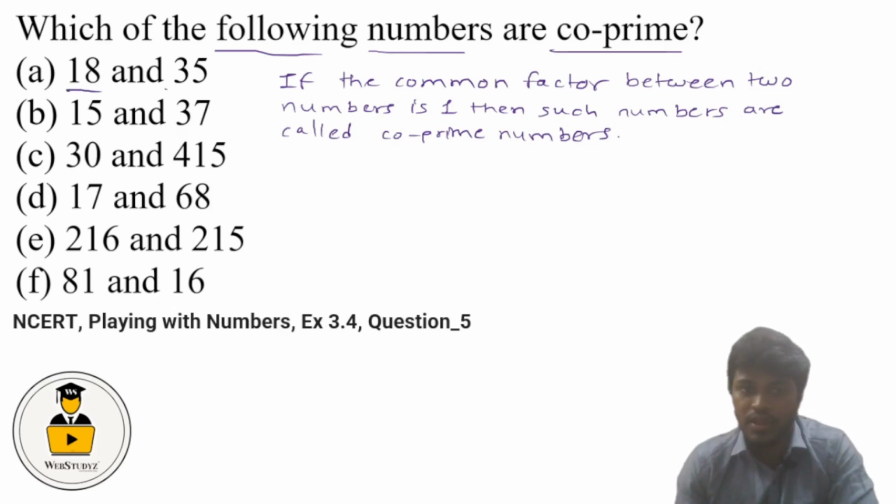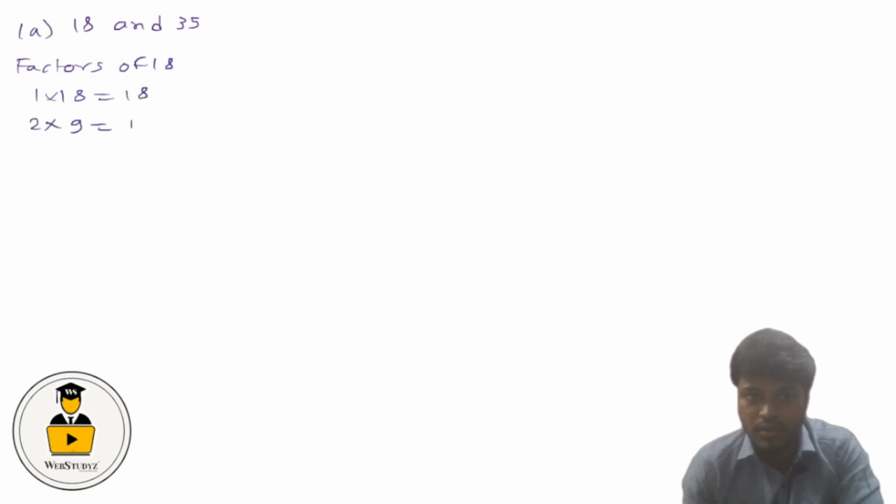First we have 18 and 35. Now let us first find out the factors of 18. The factors of 18 are 1 into 18, 2 into 9, 3 into 6, and 6 into 3.